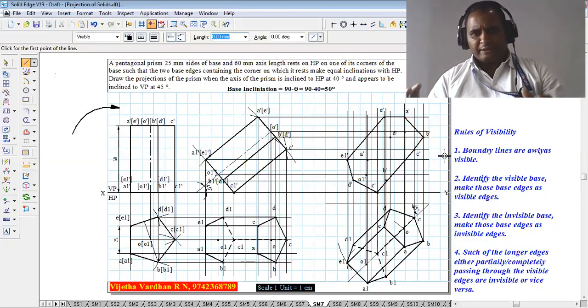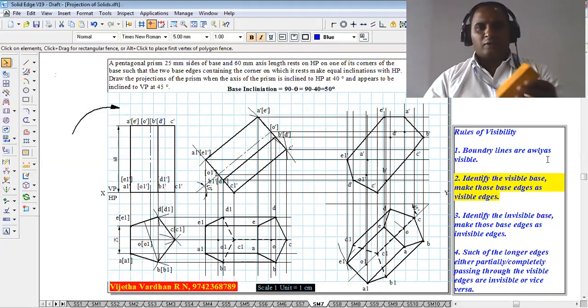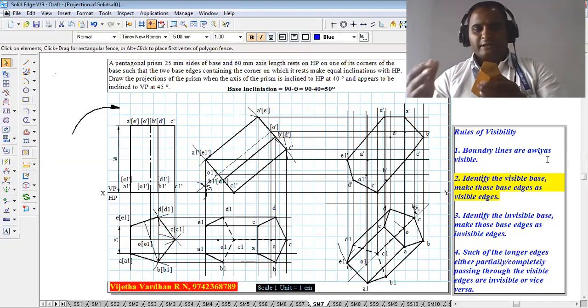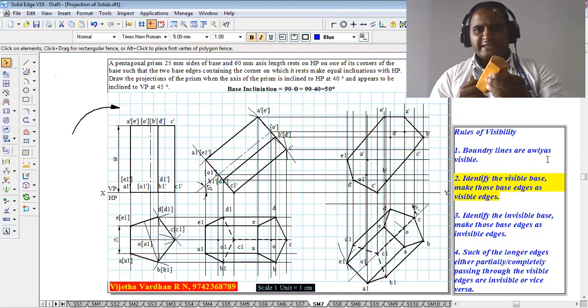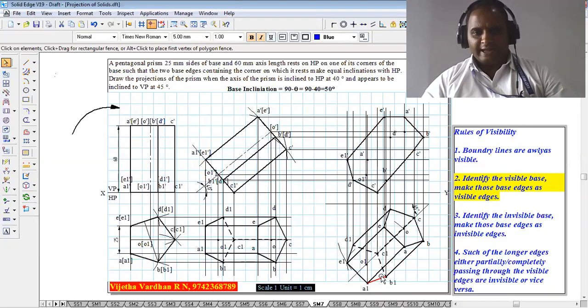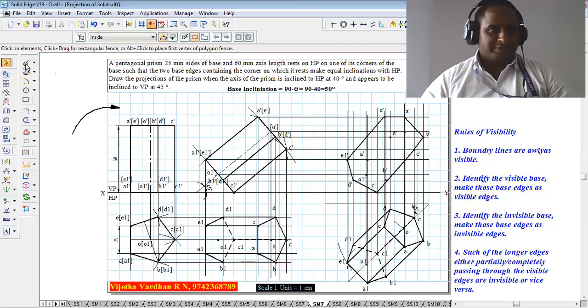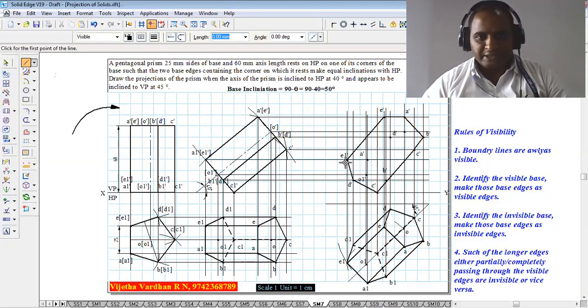After completing the boundary, identify the visible base and make those base edges visible. In this position, you can see that the bottom base is nearer to the observer. Hence, the bottom base edges have to be shown as visible edges. Which are the bottom base edges? E1 dash to A1 dash is going to be the visible edge.